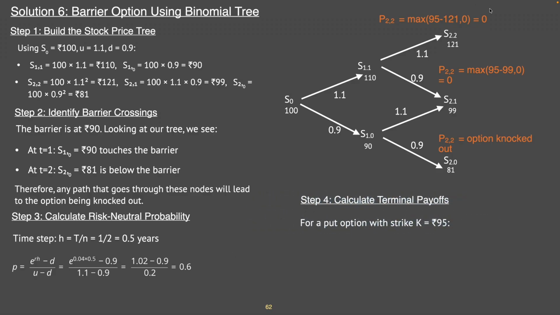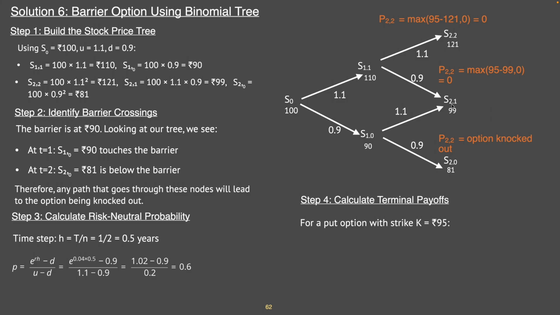Now we can calculate the terminal payoff. What is the formula for terminal payoff? The terminal payoff is max of, since it is a put option, K minus S22. What is K? The strike price is 95, minus S22, which is 121. So 95 minus 121 will be a negative value, so the terminal value of the option will be 0.